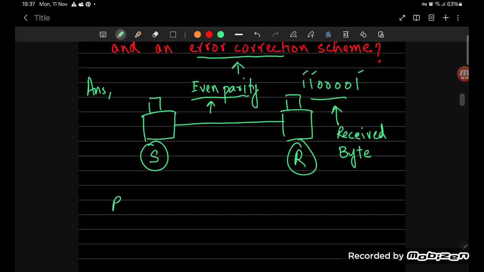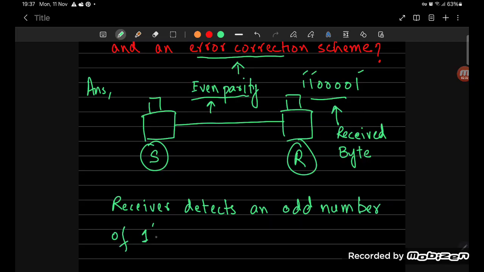The receiver detects an odd number of ones, so the receiver can tell that there was a transmission error. The receiver is able to identify that an error occurred.